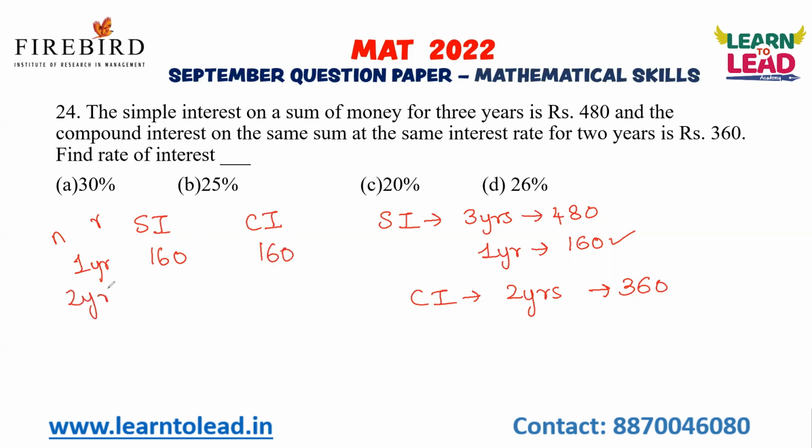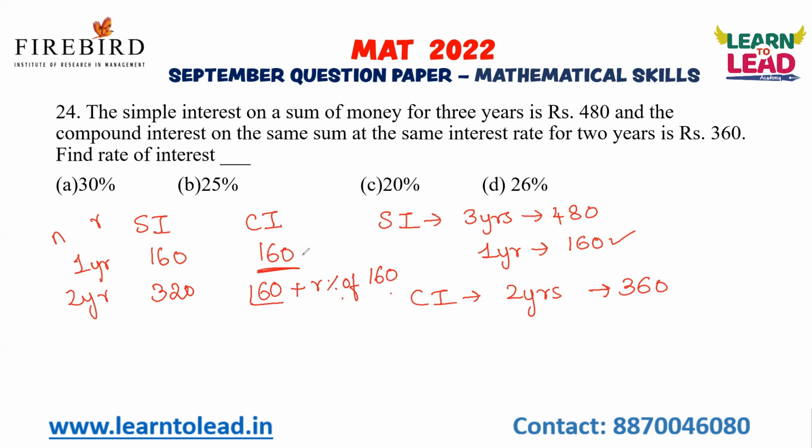And in the second year, the interest will become 160 plus 160, 320. While calculating compound interest for the second year, we will calculate the interest on the investment as well as the interest on the first year interest value. If I calculate the rate of interest, the interest is 160. And also I'll take our percentage of the first year interest value.